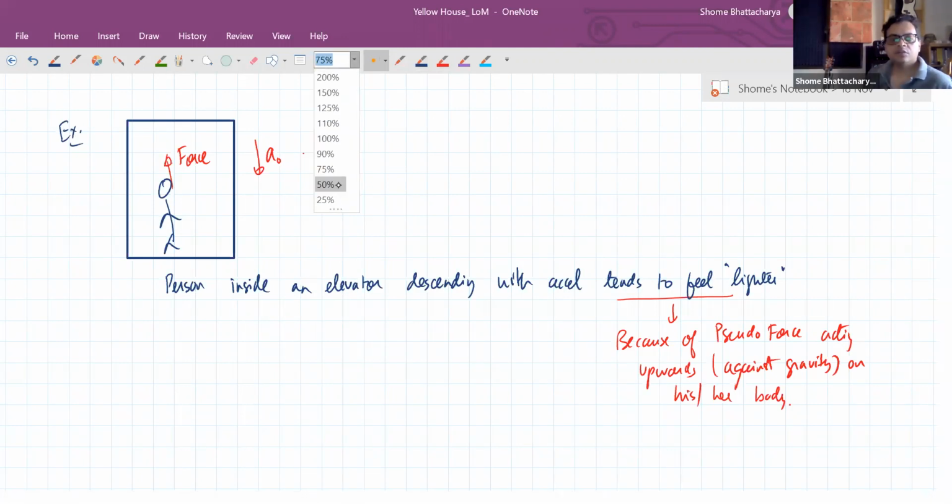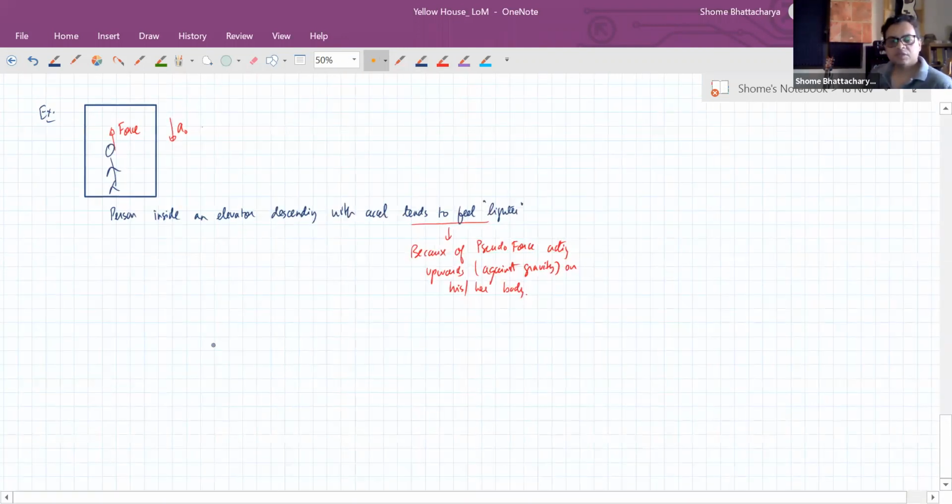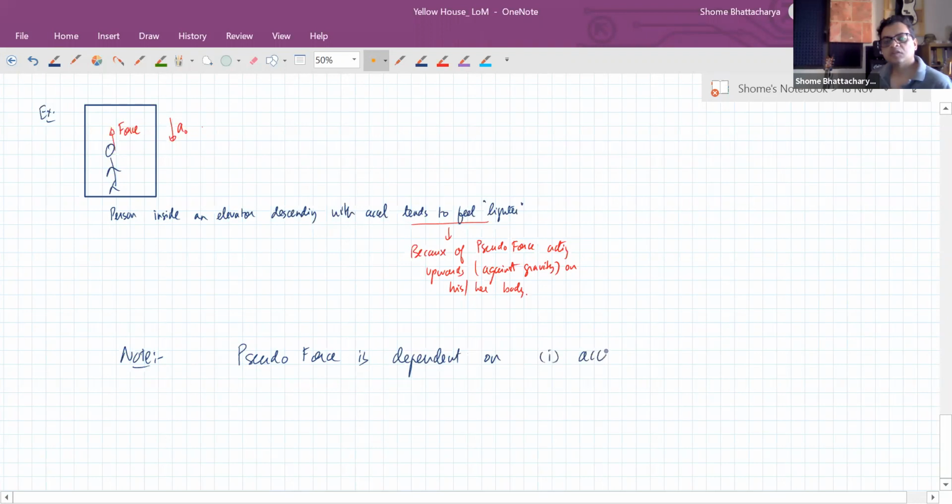So now, having understood all these examples, we will come to the exact formula of pseudo force. So pseudo force is dependent on the acceleration of the non-inertial frame. Okay.